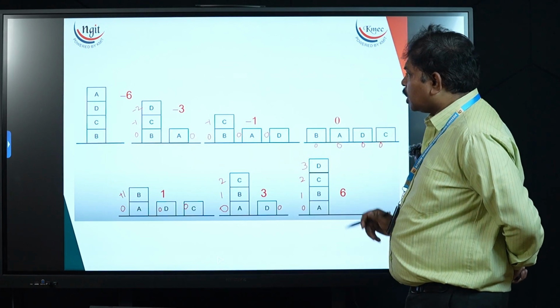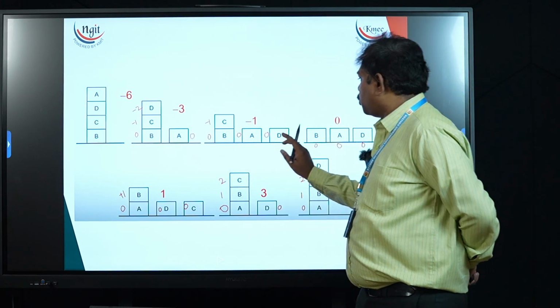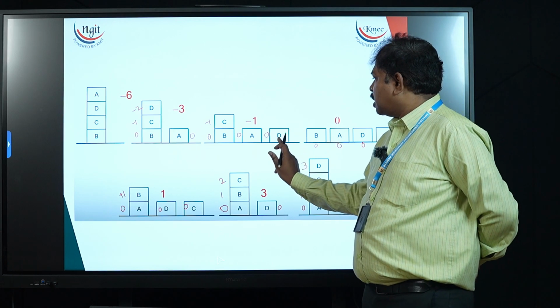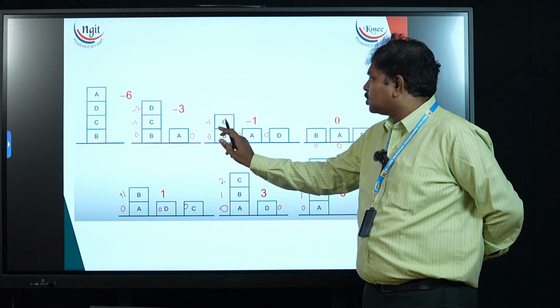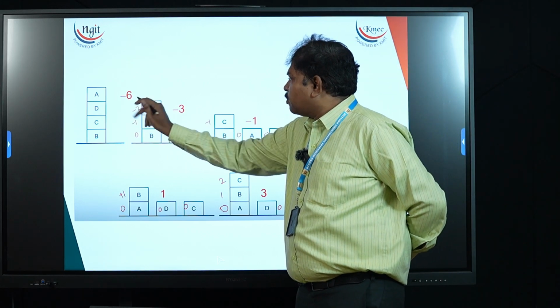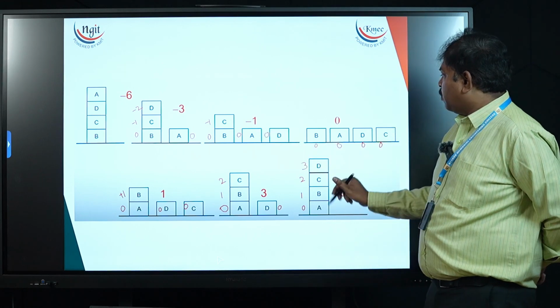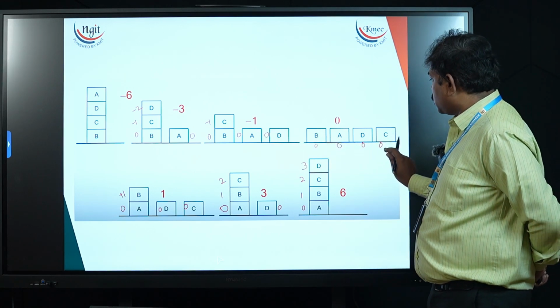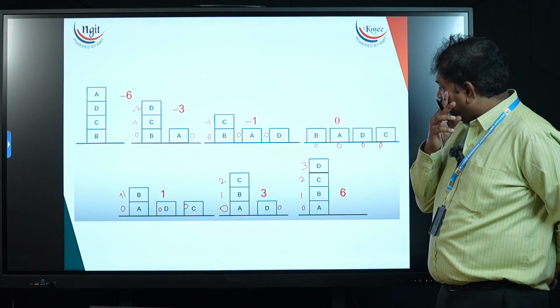If you combine the total here, you get -1. Then I placed D on the floor again. Now again the heuristic changed to 0, 0, 0, -1. The -6 estimation value changed to -3, -3 changed to -1. When all are placed on the ground, everybody is 0, 0, 0, so it is 0. Now again I rearrange the next.